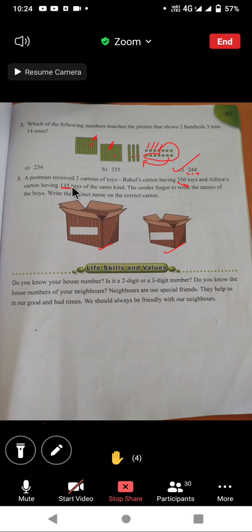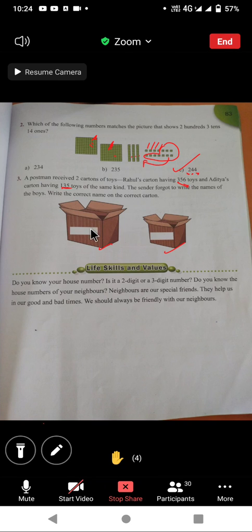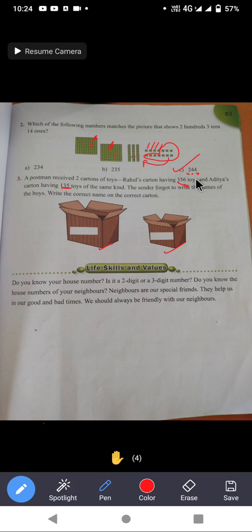So this is bigger, students. In the bigger one more toys will come, which means 356 is the bigger number. So 356 will come in the bigger box. Who is having 356 toys? Rahul. So this is Rahul's box.